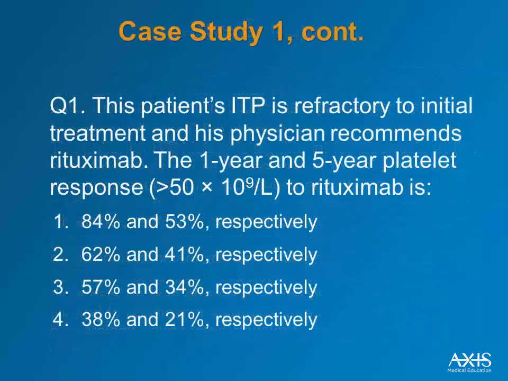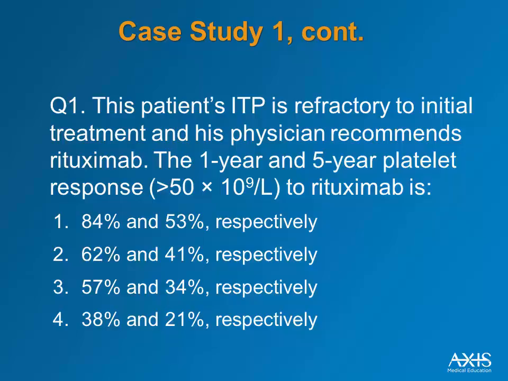A question is, as a physician, what would you expect the initial response to rituximab therapy would be, and the response considered at 1 year and 5-year follow-up? Because the patient really wishes to know what are his chances of having a long-term remission. Would it be an initial response at 1 year of about 84%, with a 5-year response being approximately half the patients?